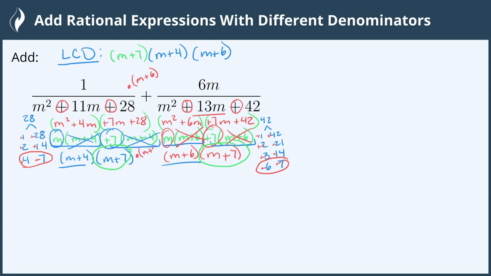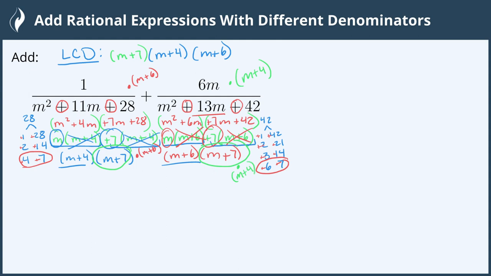Now I need to multiply the numerator and denominator of the second rational expression by its missing term of m plus 4. So we'll multiply the numerator by m plus 4 and the denominator as well by m plus 4.